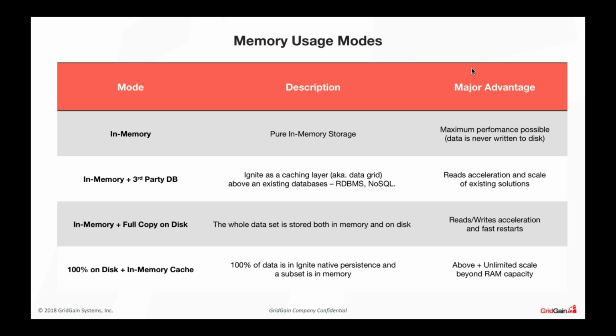The difference from the previous one, when you accelerated, let's say, a relational database, is that here you are accelerating both reads and writes. And you also get fast restarts with your Ignite-powered HTAP solution.